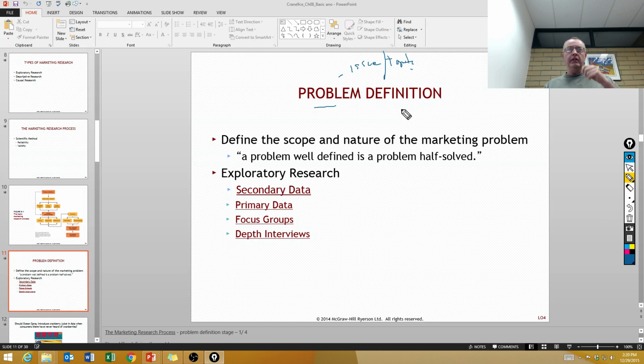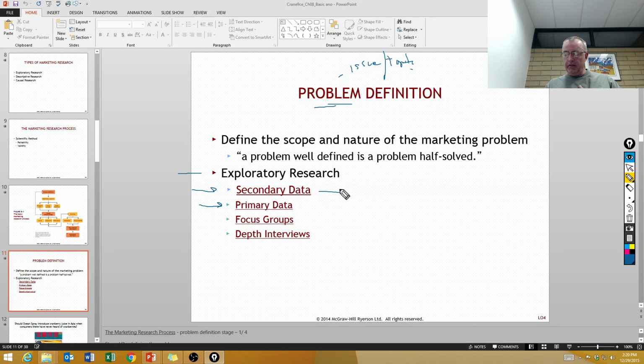And so we can intuitively understand that it's important for us to have a clearly defined problem, a clearly defined issue, in order to focus our research and to focus our data collection. So at the problem definition stage, we might use exploratory research to help clarify what the issue is, or clarify the boundaries of the issue. And we might use secondary data in this process, or we might also use primary data.